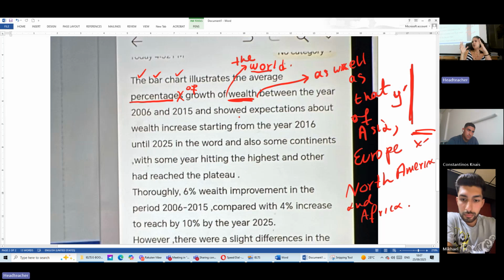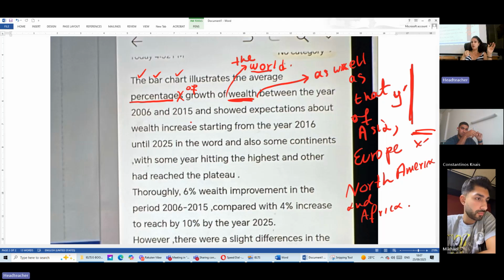A good introduction is not just the world wealth. It's the world wealth versus each different continent. As you see, the graph describes the big picture as well as different parts of the big picture.